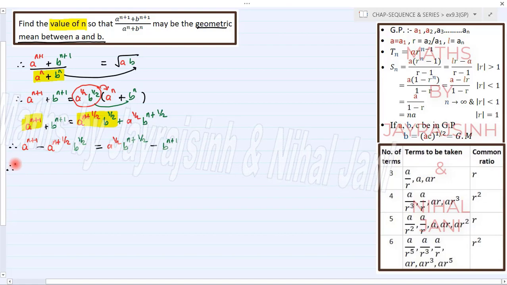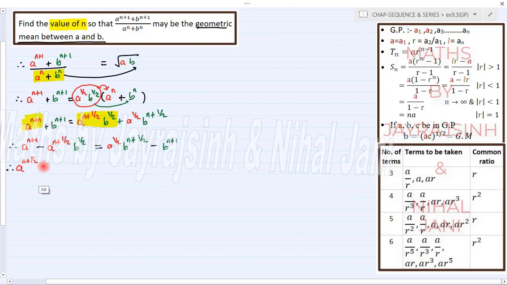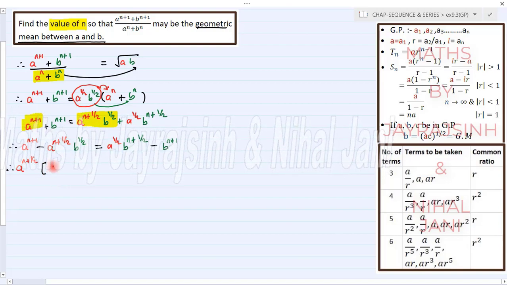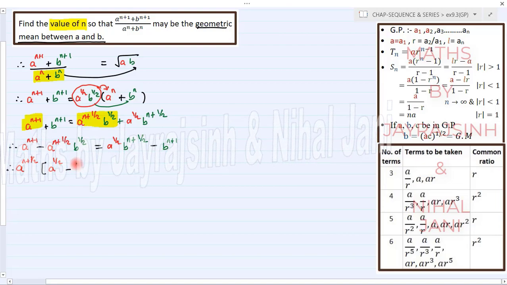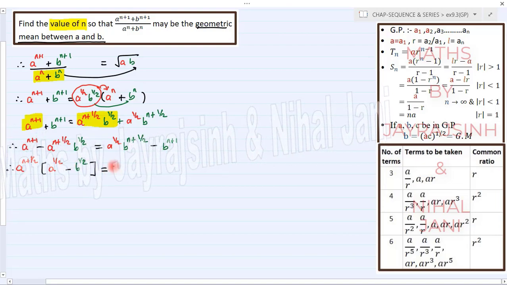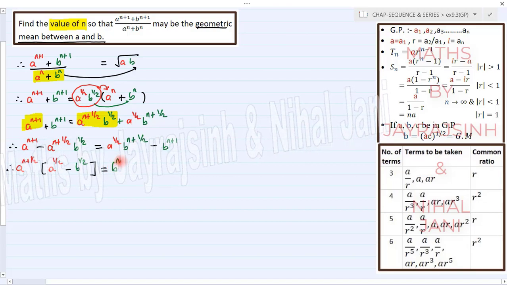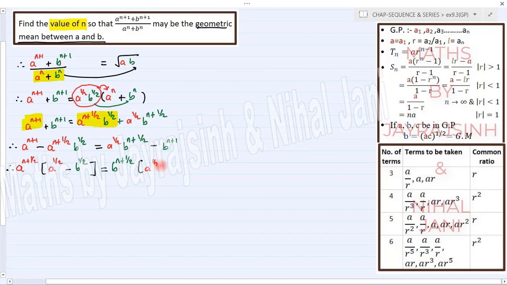Now, on the left hand side, we can take a raised to n plus 1 by 2 common. So, from the first term, we will get a raised to 1 by 2 minus, from the second term, we will get b raised to 1 by 2. Similarly, on the right hand side, we can take b raised to n plus 1 by 2 common. So, the remaining terms are a raised to 1 by 2 minus b raised to 1 by 2.